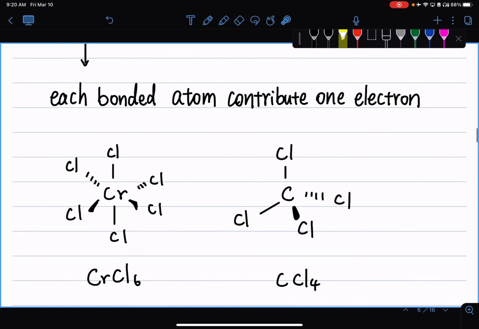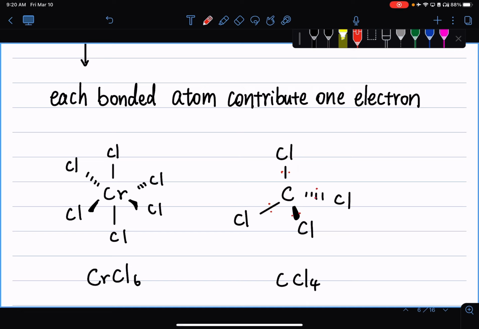These are the examples we were talking about. We're making the comparison between a polar covalent bond in a transition metal complex and a polar covalent bond in a regular organic compound. In each of these cases, imagine a Lewis-dot diagram.